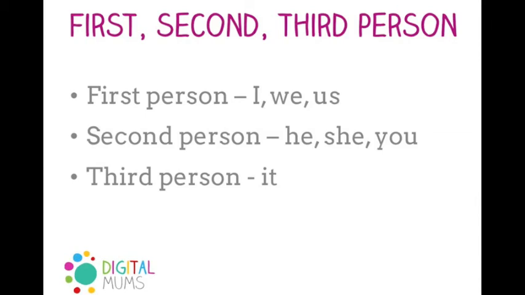So if you very much use we and us, it's quite warm language, as opposed to the third person, which is basically written from completely the other perspective, and it's it and they.